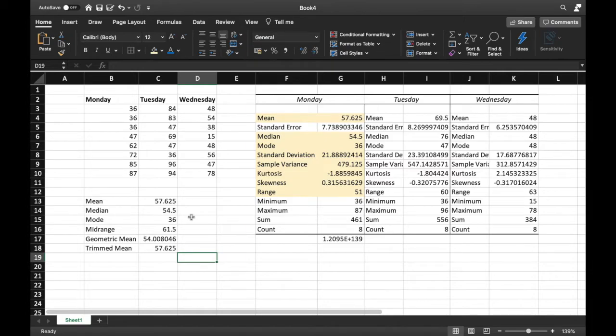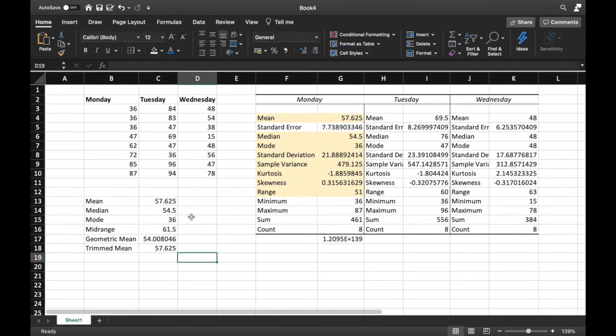Geometric mean is also not applicable because geometric mean is often used for growth rates, because in growth rates, you look at both the expenses, let's say, and then the sales. So there are two variables working together because the changes in those variables kind of move together. And then trimmed mean is trying to trim out any outliers in there.